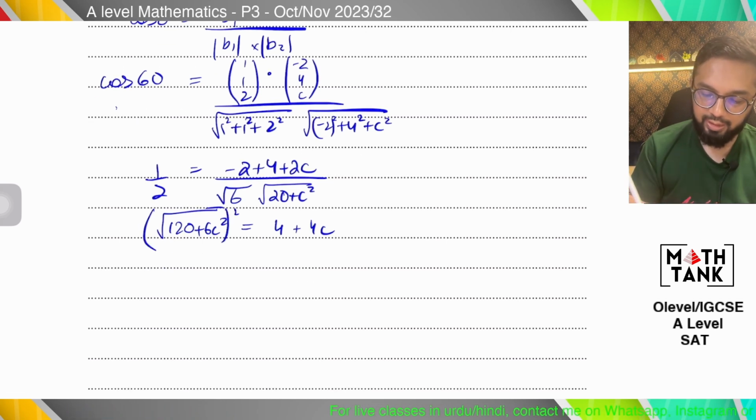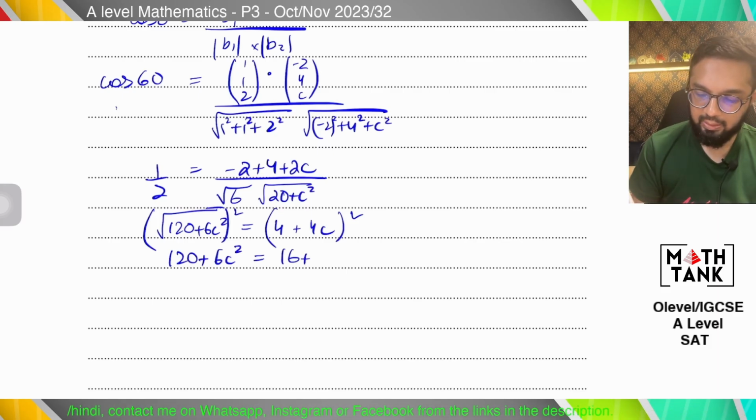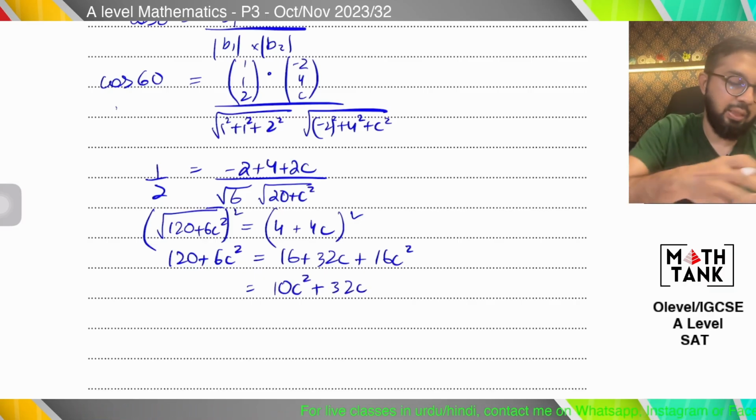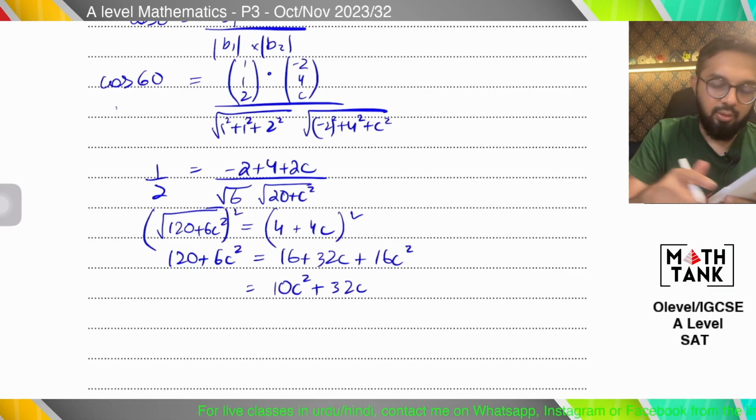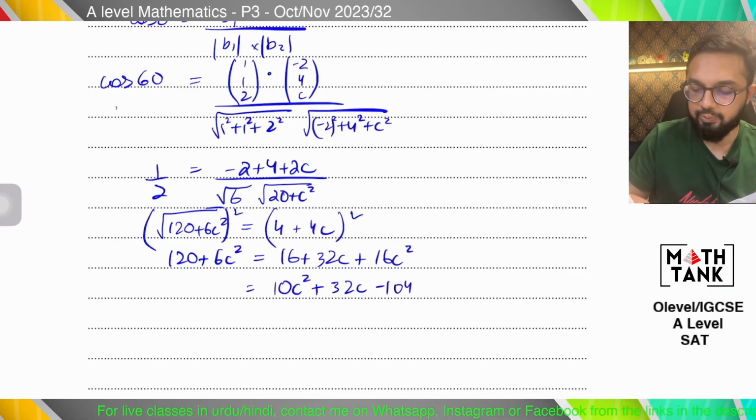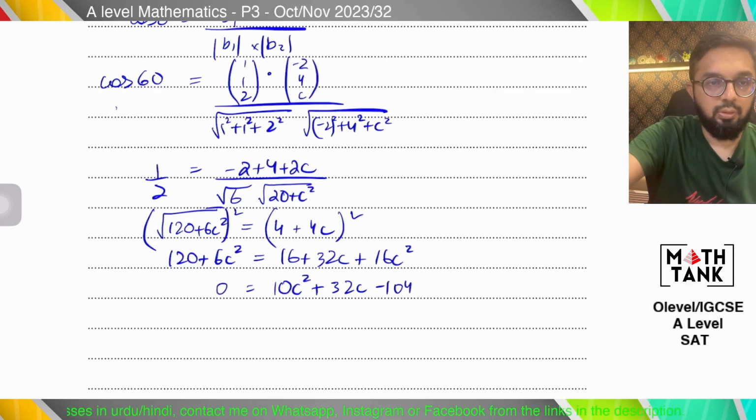I square both sides. 120 plus 6c squared equals 16 plus 2 into 16 is 32c plus 16c squared. So 10c squared plus 32c, 16 minus 120, minus 104 equals 0.